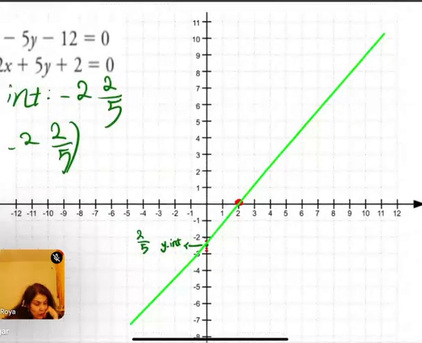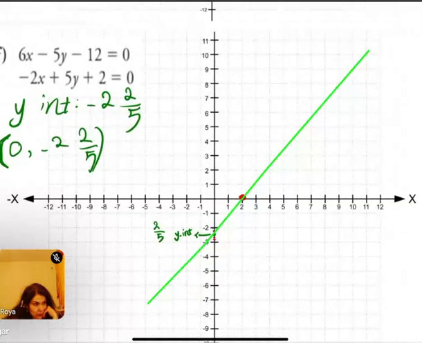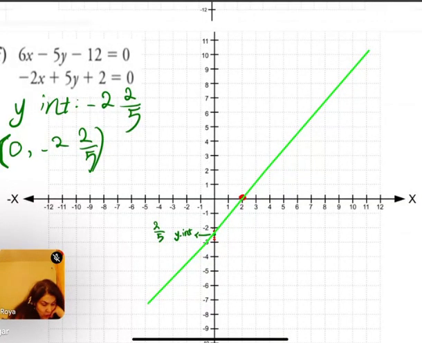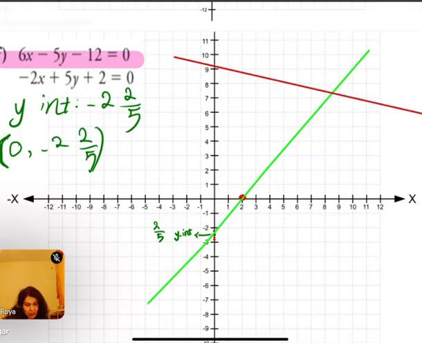So I graph the first equation. Exactly the same way you are going to graph the second equation, and the point of intersection is the solution. So imagine this is my second equation. The point of intersection is the solution.